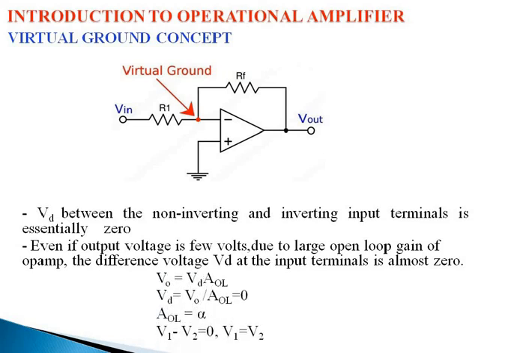We know that output voltage is equal to VD into open loop gain. That is, differential voltage is equal to V0 by open loop gain. We know that open loop gain is very high. For the ideal case we can say it is infinite gain. That means VD is equal to 0. The difference of the two input voltages is 0. That means V1 minus V2 is 0, that is V1 equal to V2.